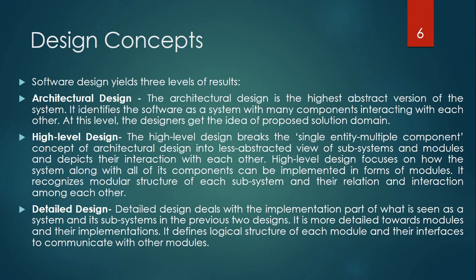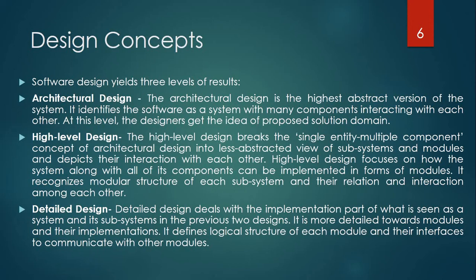In architectural design, the architectural design is the highest abstract version of the system. It identifies the software as a system which may have many components interacting with each other. At this level, the designers get the idea of the proposed solution domain.